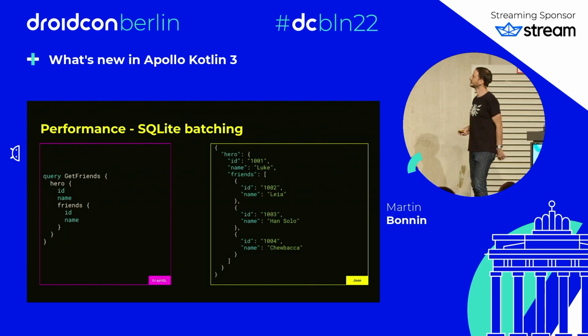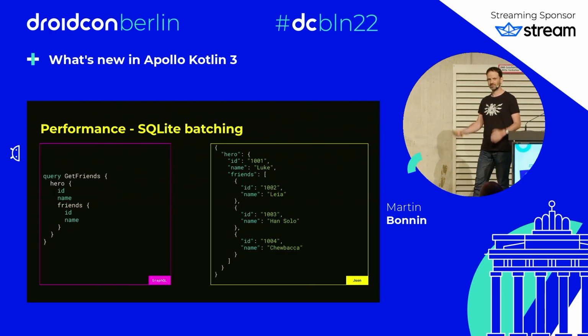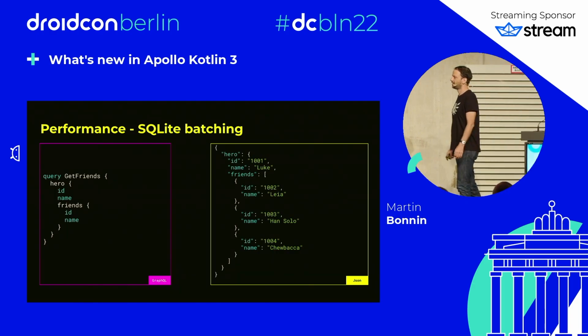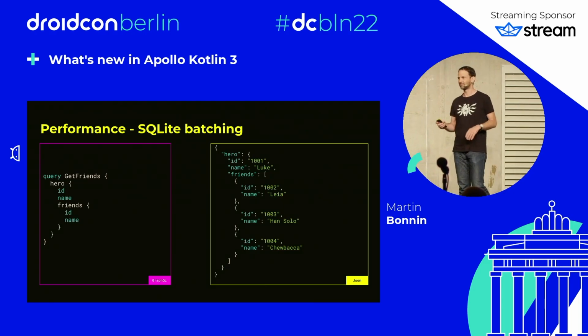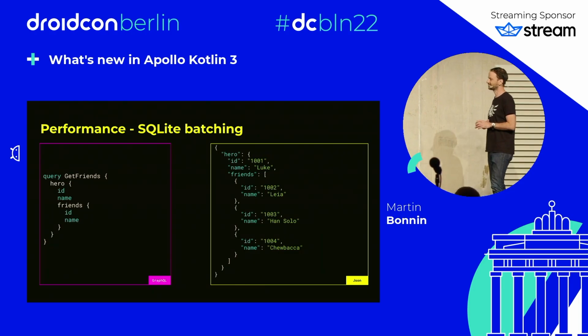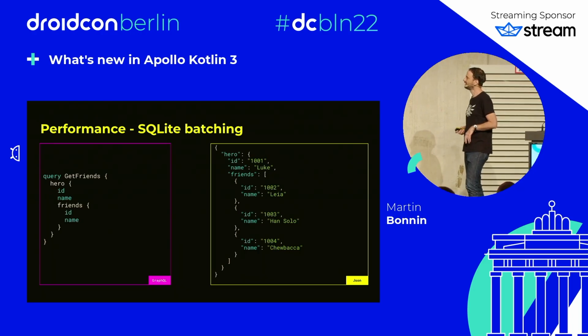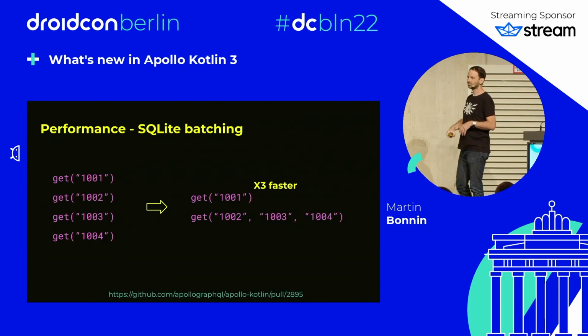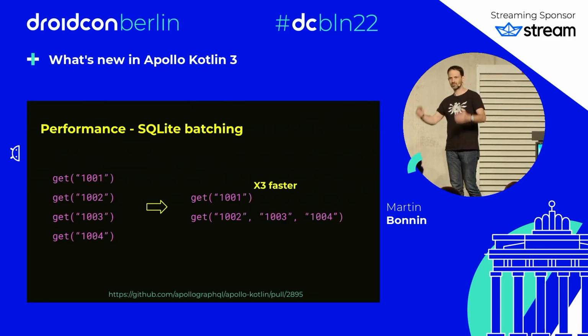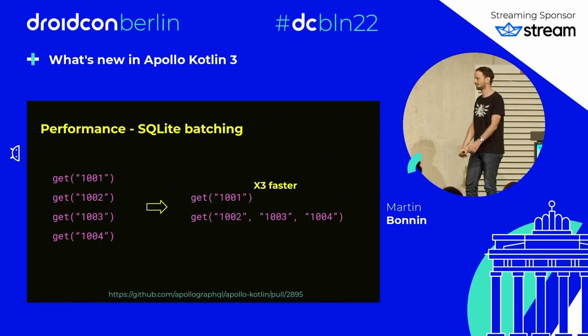Another big performance improvement is if you're using the SQLite normalized cache. This is also known as the N+1 problem if you have been doing backend development before. This is a classical problem with GraphQL. If you're doing a query like this, it returns an array of objects. Version 2 would just make one SQLite query for each and every object, and this is slow, like super slow.